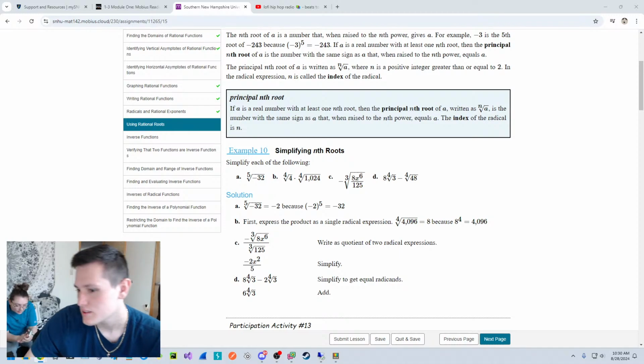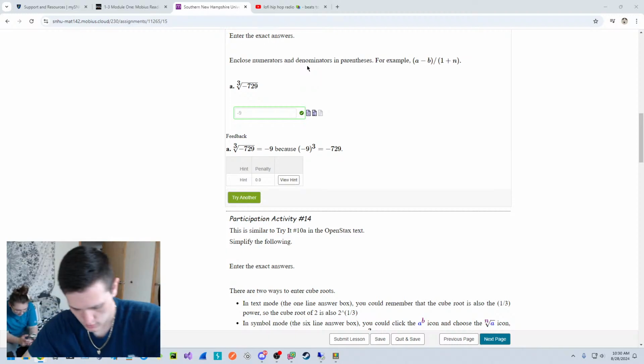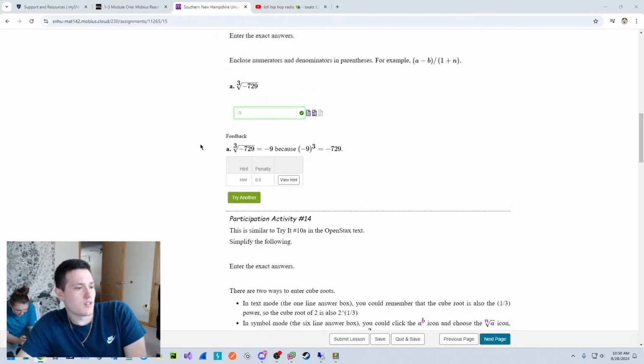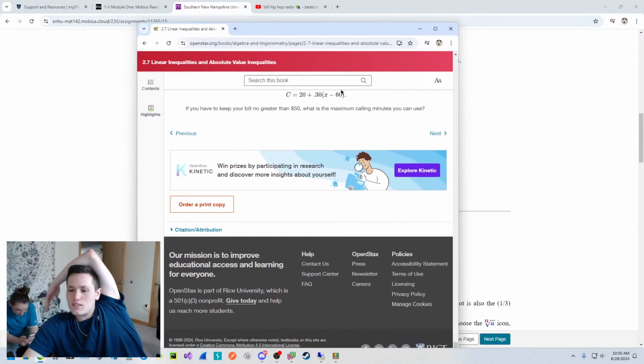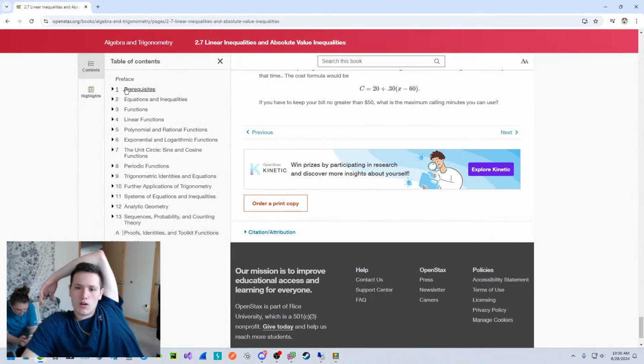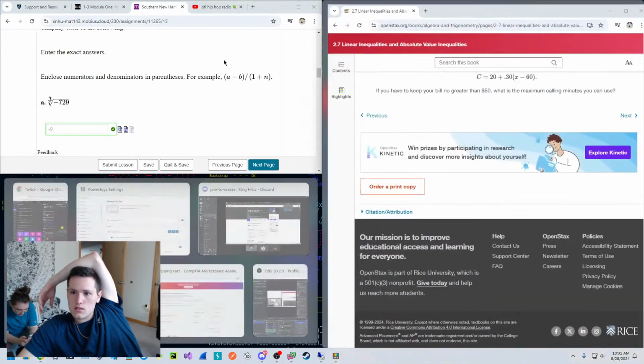You can. Why not? That's not what you're doing. You're simplifying it. You're not solving it. You're just simplifying it. I don't understand why this is... Why does it make this table of contents so nowhere near what this is?